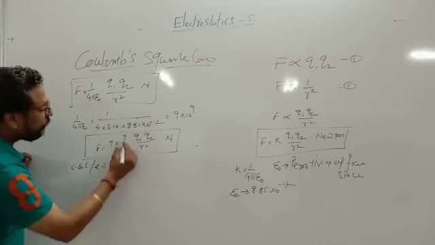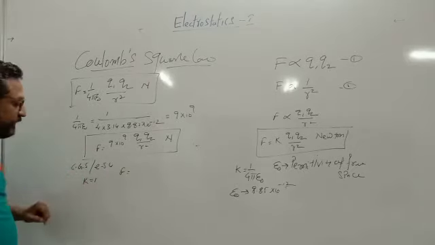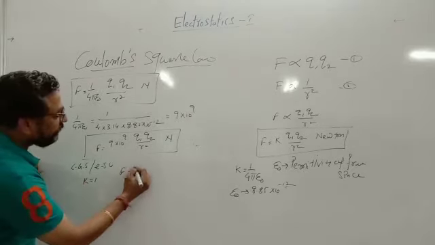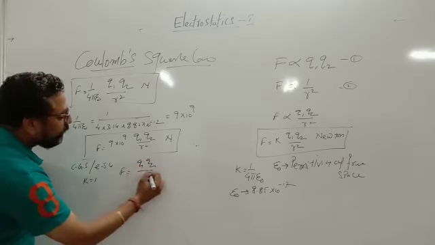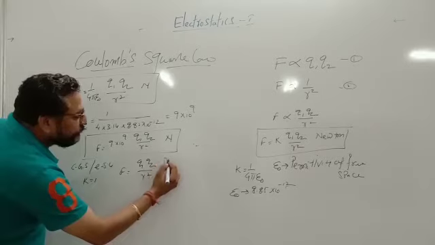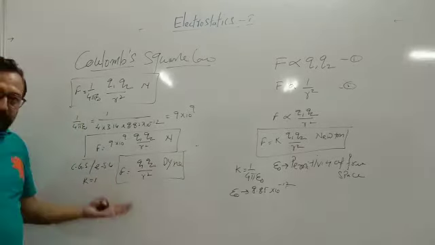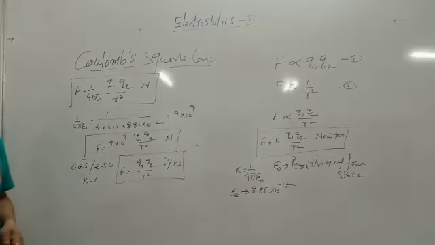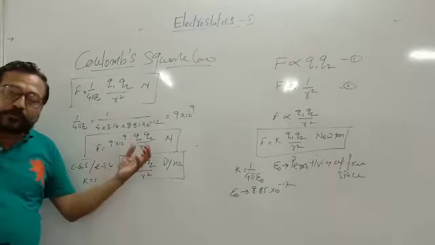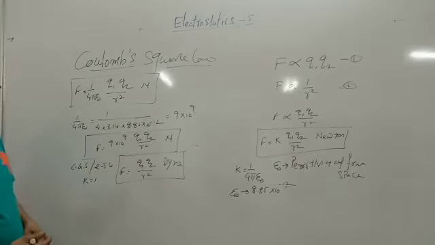F is equal to, K value is 1, in this condition F is 1 Q1 Q2 upon R square, and the unit Newton is changed to dyne. That's the unit in the CGS system, and this is Coulomb's inverse square law. On the basis of this, we explain other things later on.